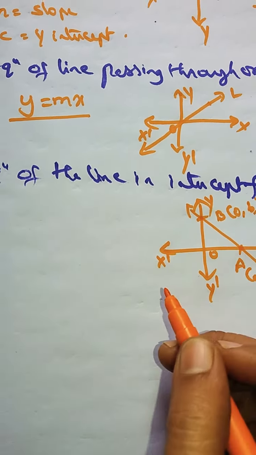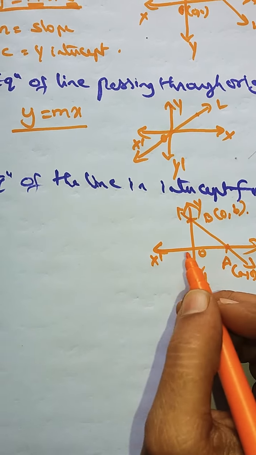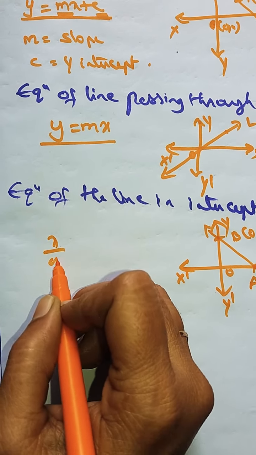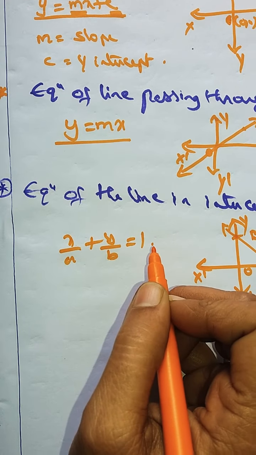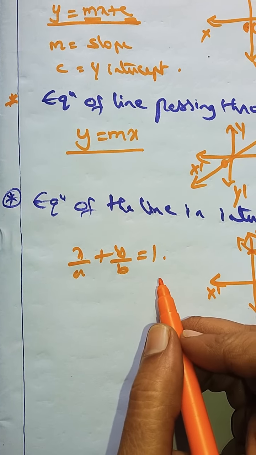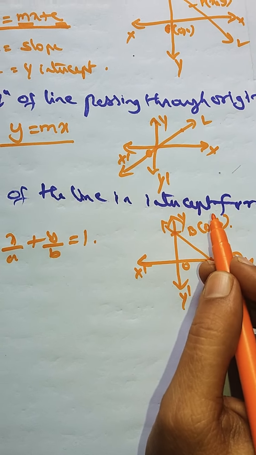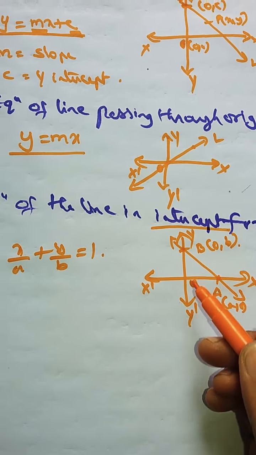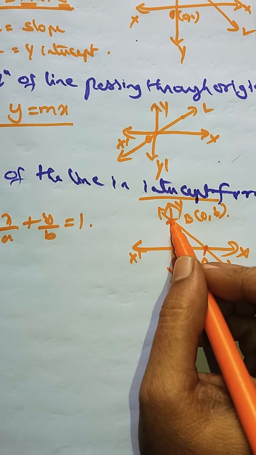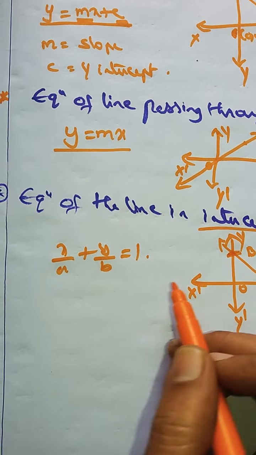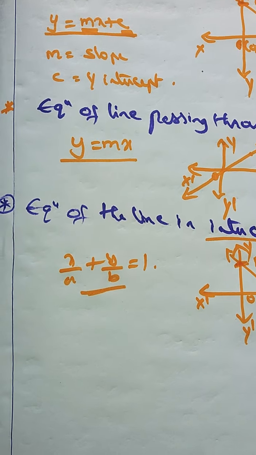So the line equation is in the form x by a plus y by b equals 1. This is also a straight line in intercept form. Intercept form means it intersects the x-axis at (a, 0) and the y-axis at (0, b). So this is the third form of the line.